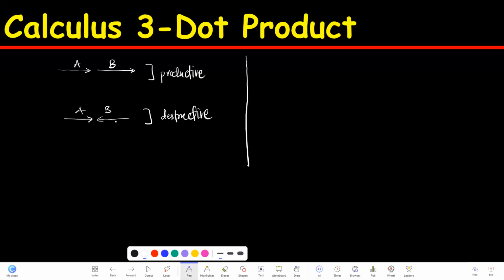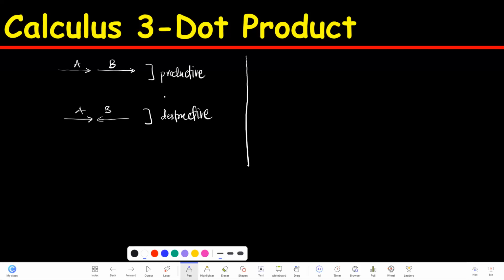Destructive means they destroy each other, and productive means they support each other. They produce something mutually together. This is the outcome of a two-vector operation, right?